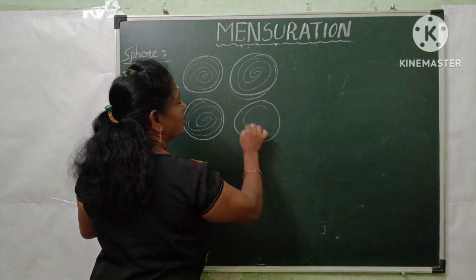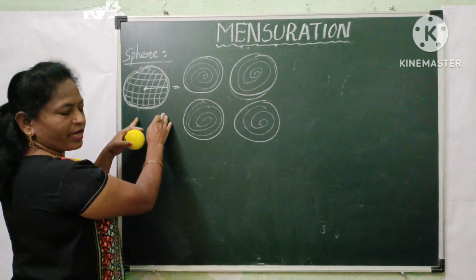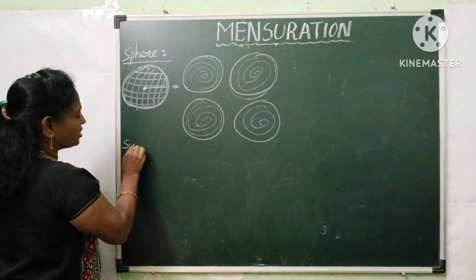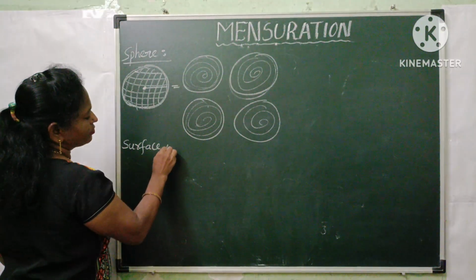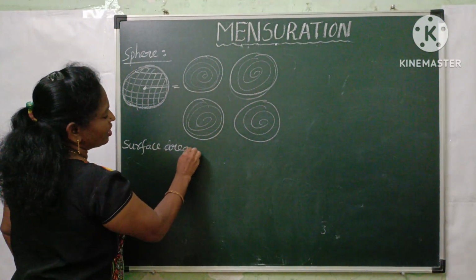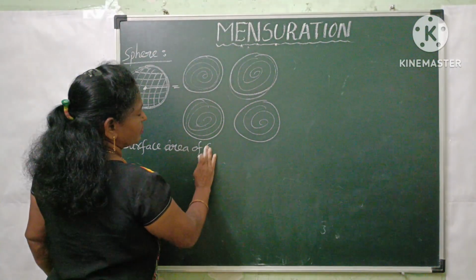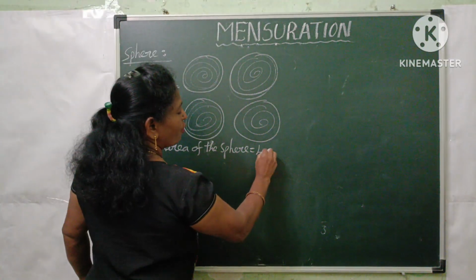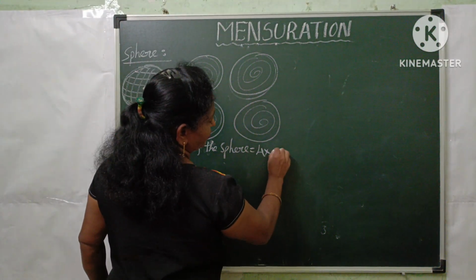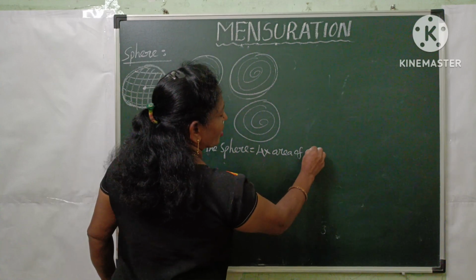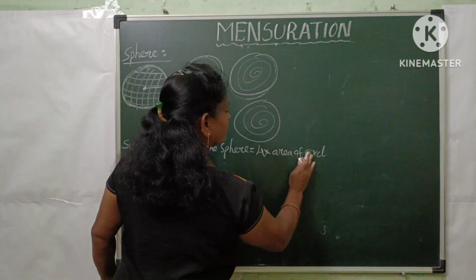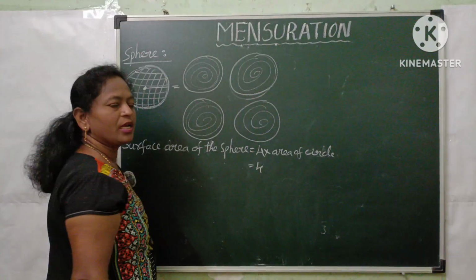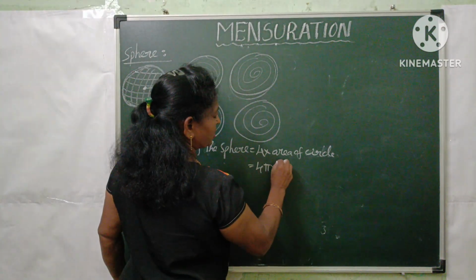So the surface area of the sphere is equal to 4 into the area of the circle, which is pi r square. So 4 pi r square.